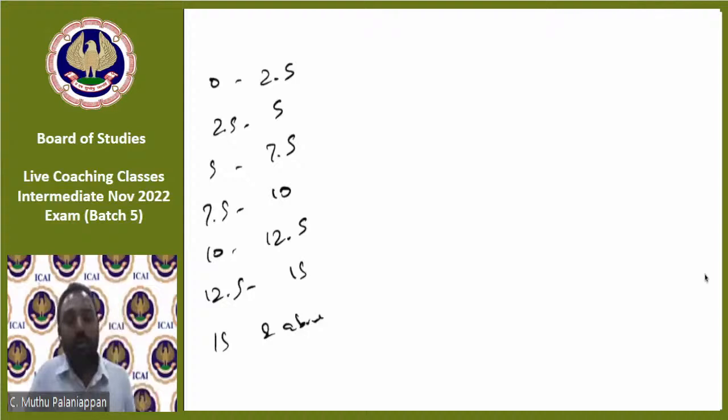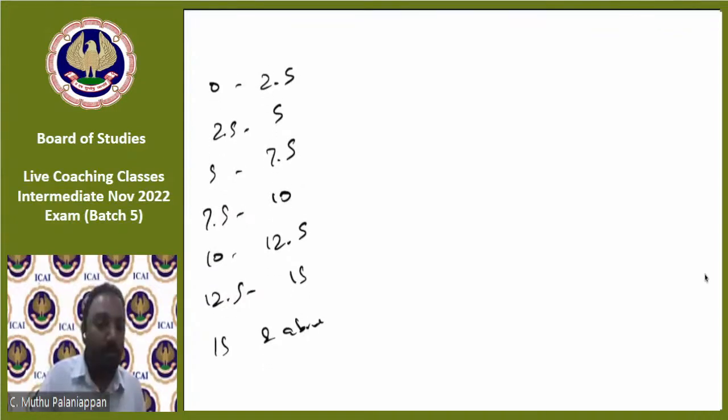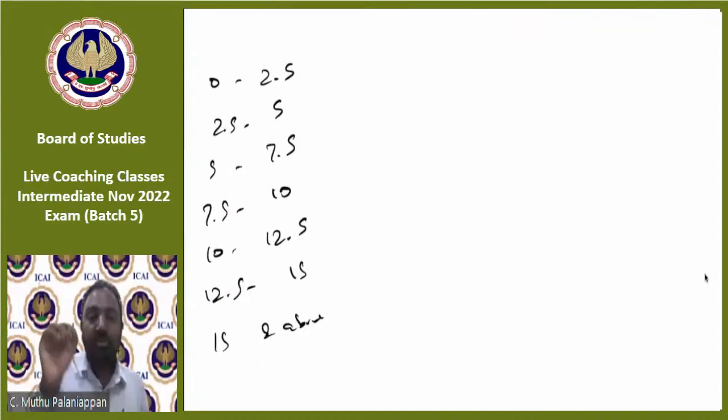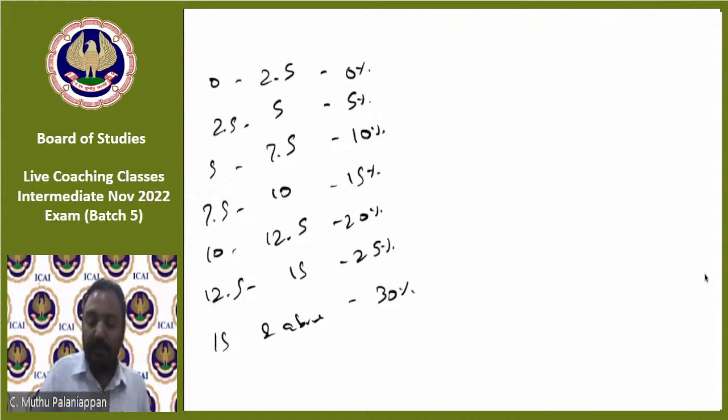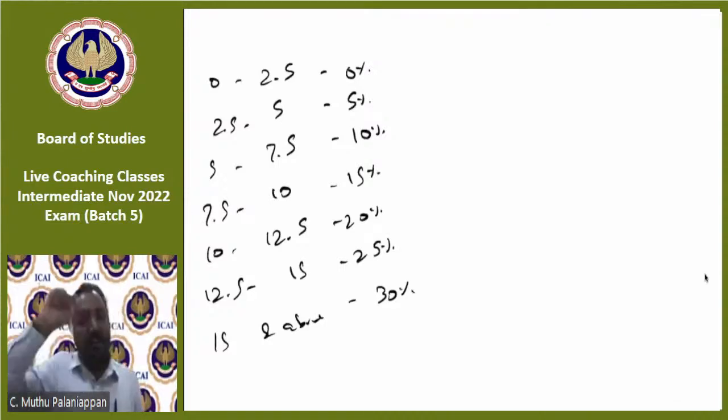For every 2.5 lakhs, there is an increase of 5% in the tax rate. So here it is 0%. Here it is 5, then 10, 15, 20, 25, and 30%.